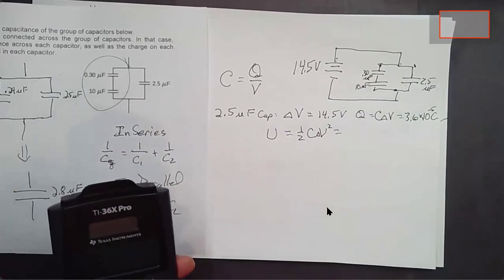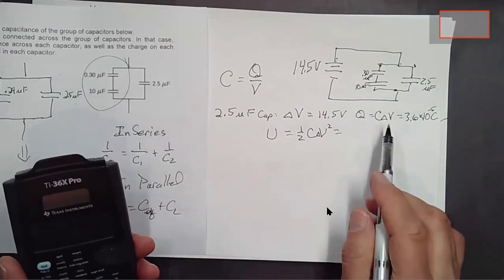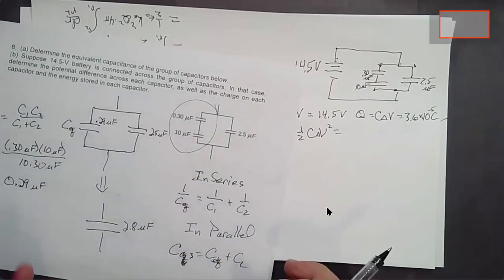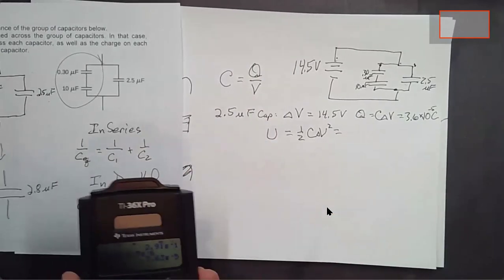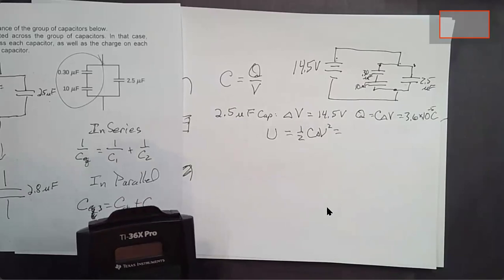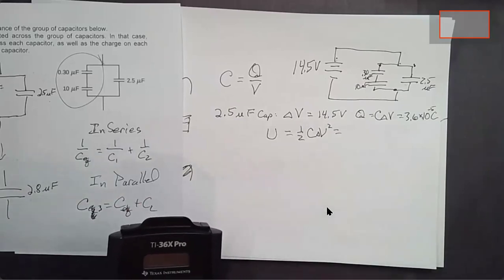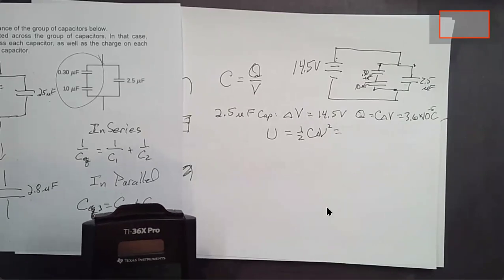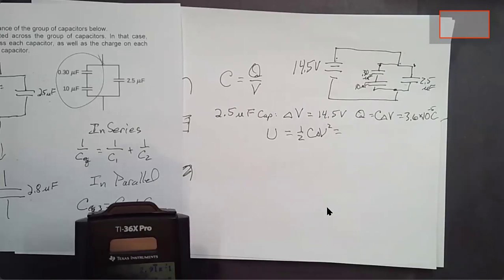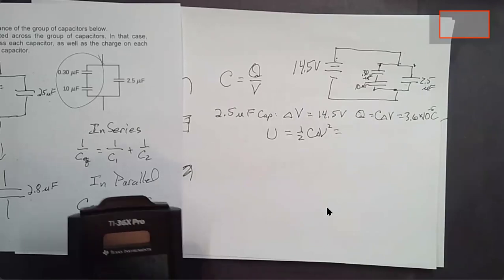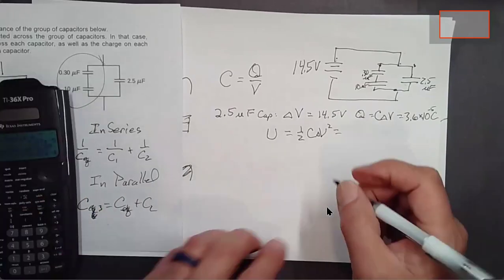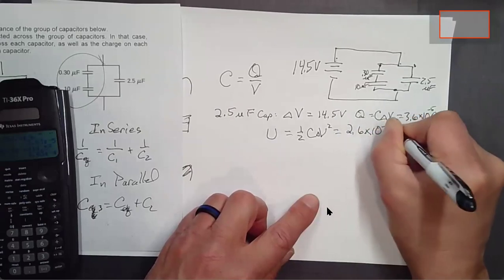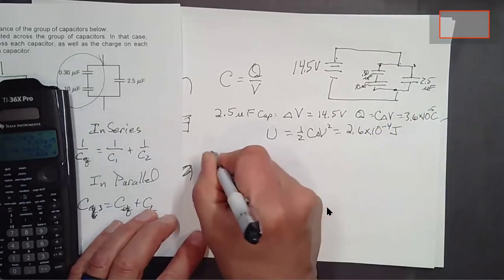Okay, that took longer than it should have. I get 2.6 times 10 to the minus fourth joules for that capacitor.